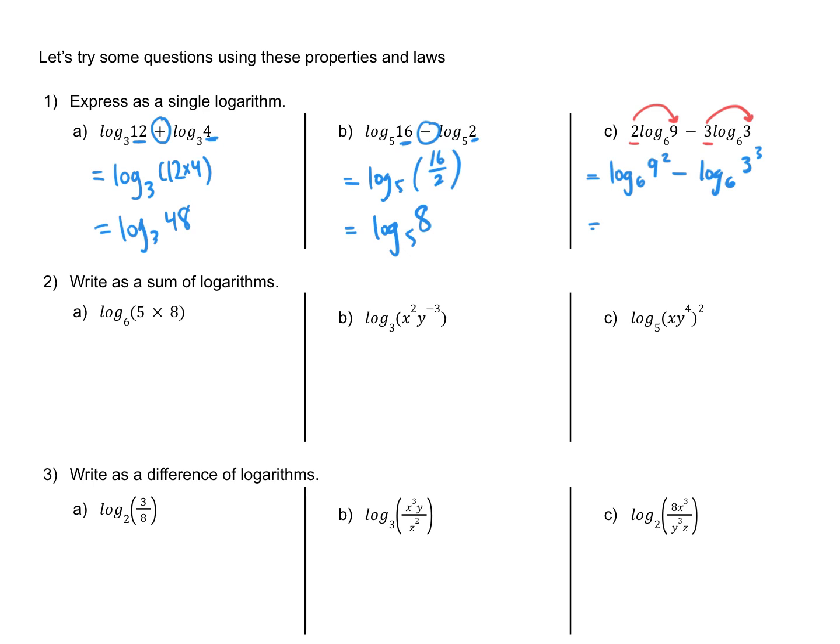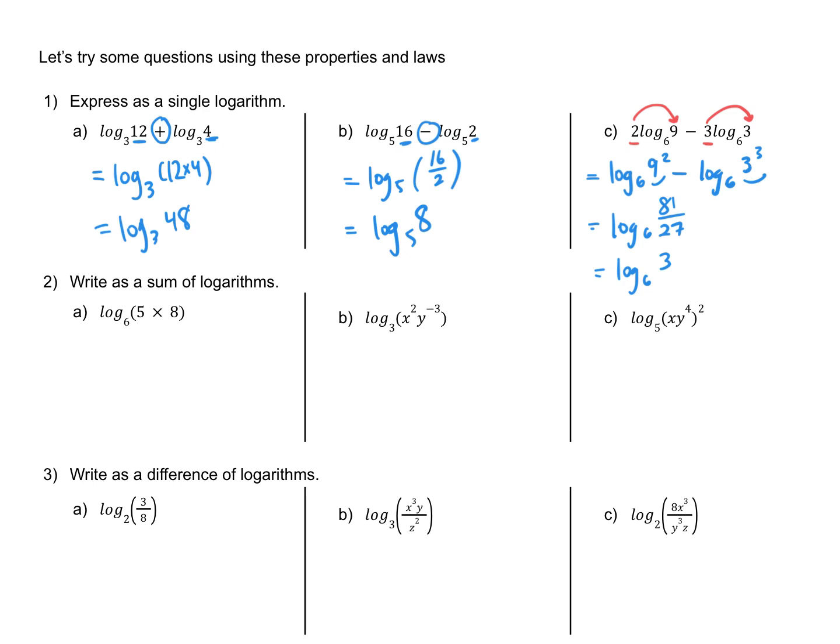And now I see, oh, I have subtraction, so I can unite these two logs into one by dividing 9 squared and 3 cubed. But 9 squared is just 81, and 3 cubed is just 27, so I'll write that out. And then 81 over 27 does simplify to a nice 3. So this expression that was a little longer can be simplified into just log 3 with a base of 6.